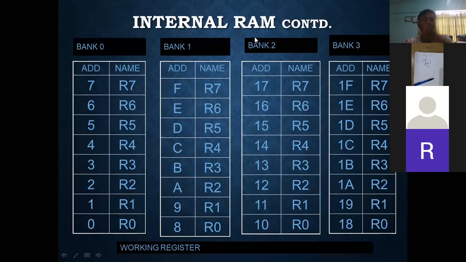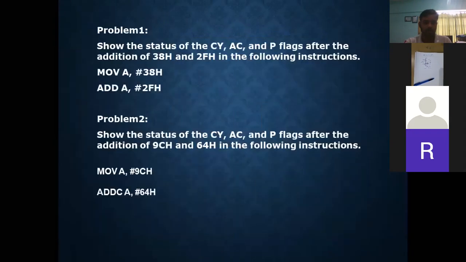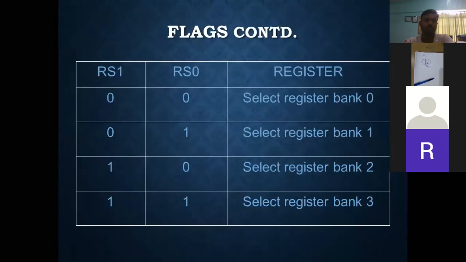By default, as we have discussed, bank 0 is selected. If we are not writing any program or initialization to select other banks using the RS0 and RS1 bits, and you are not putting anything in RS0 and RS1, then by default the microcontroller will understand that it is set to 00, which is bank 0.